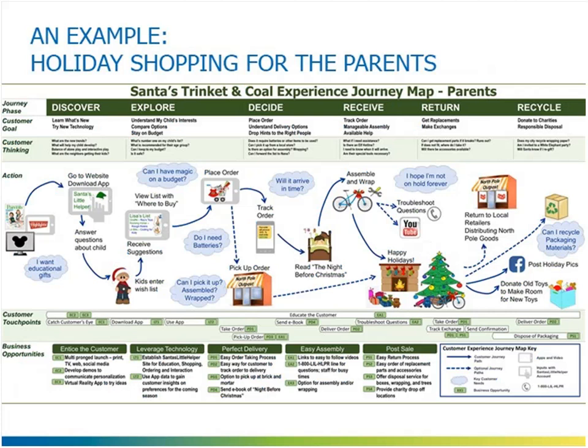So here we have in the customer thinking, I've got some of these highlighted in these little blue bubbles, from the parent's point of view in discovery: I want educational gifts. I think the kids said, I want a pony or a puppy. Can I do it on a budget? Do I need batteries? Can I pick it up assembled or wrapped? Will it arrive on time?